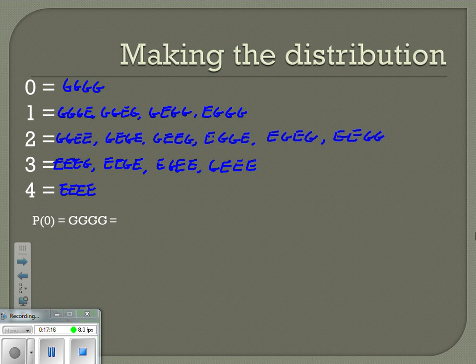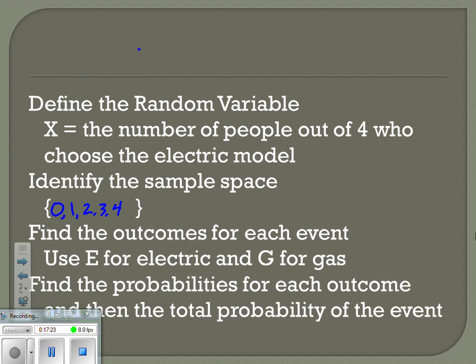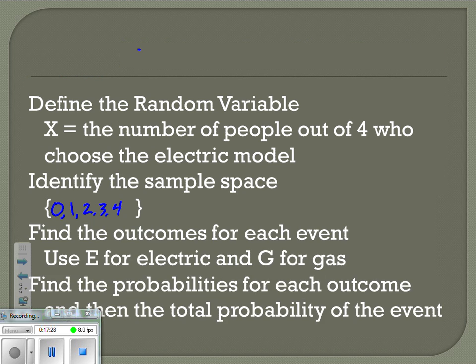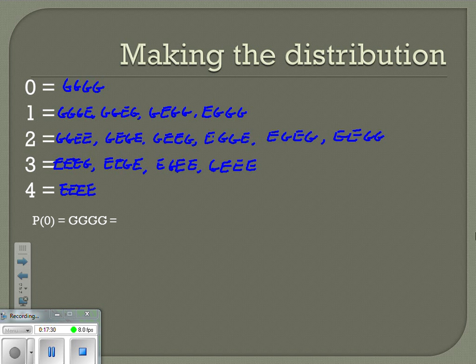Right. So the probability of 0 people: gas times gas times gas times gas. What did we say? The probability of gas was 0.6. So that would be 0.6 times 0.6 times 0.6 times 0.6, which is 0.1296. The probability of 1: in other words, you'd have to put all of these together.